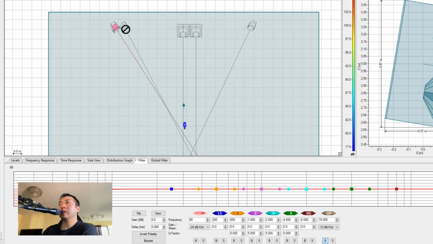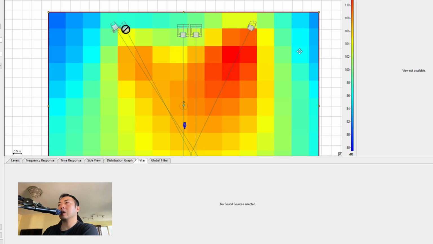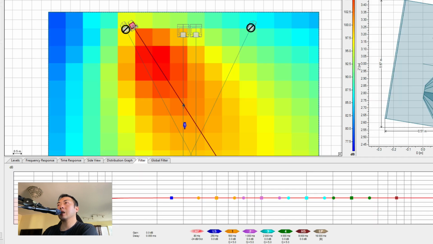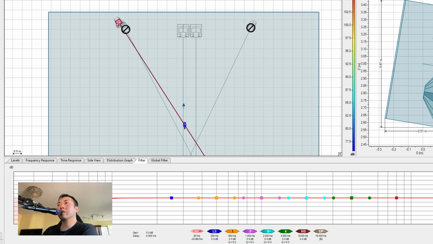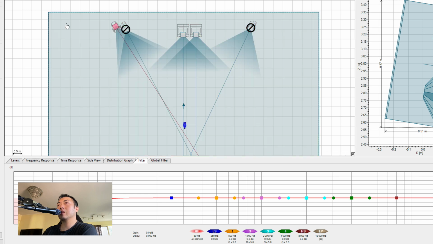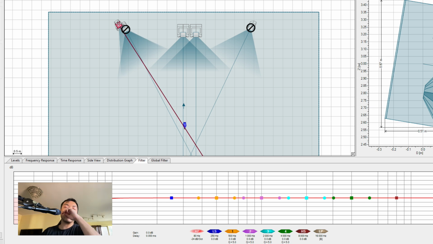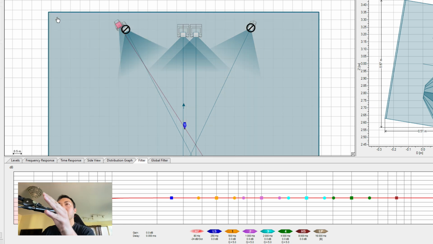what we're going to see is a situation where this has less coverage because of the way the KWs work. The KWs are more focused and more long throw, so if you were to do it lengthwise, you might want to consider the KWs.